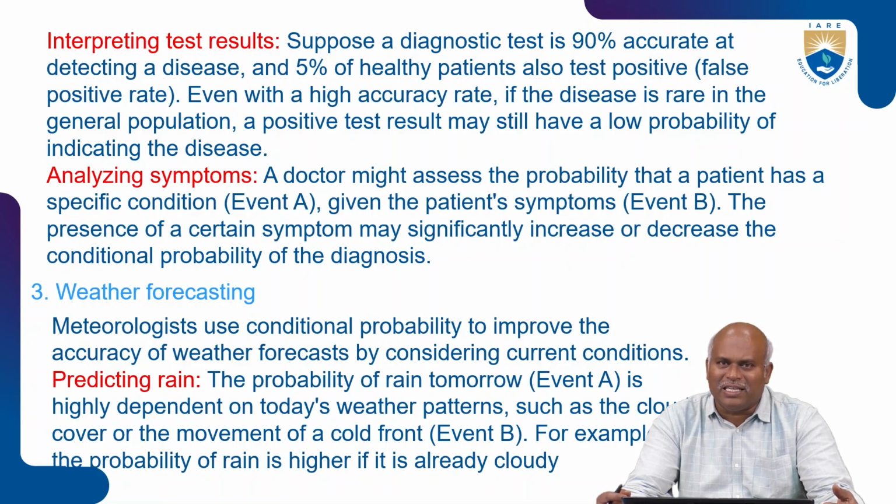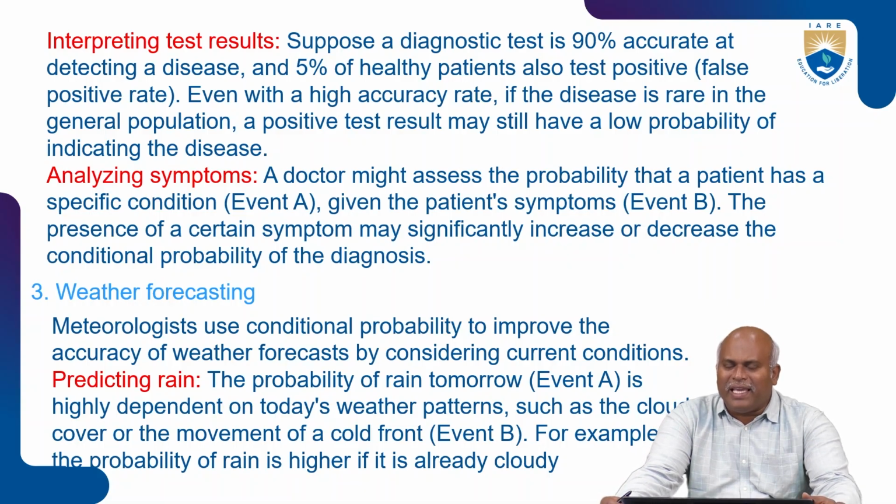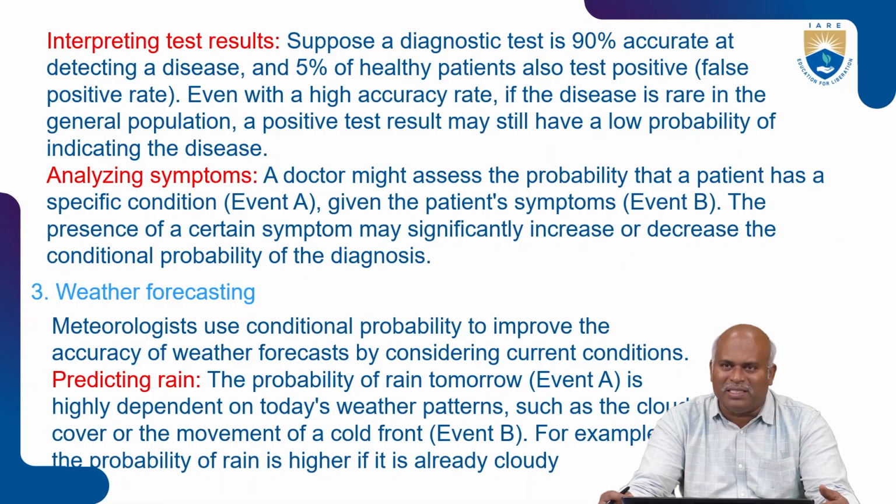Next, analyze the symptoms based on the doctor. They measure the symptoms for different types of patients. Here I take the events A and B, or time or anything. The symptoms are significantly increasing or decreasing. Based on the case, we can predict that an area is going to be affected by some kind of disease.